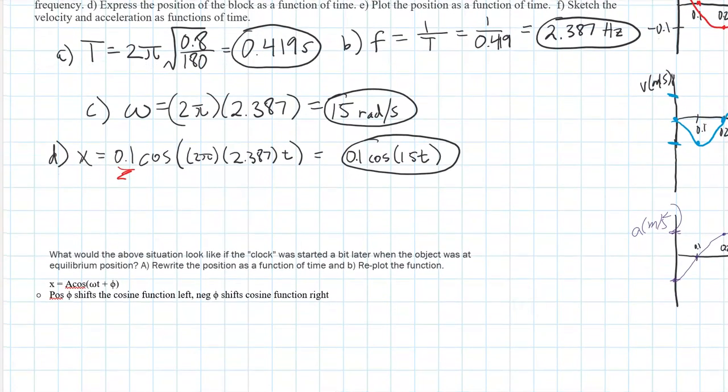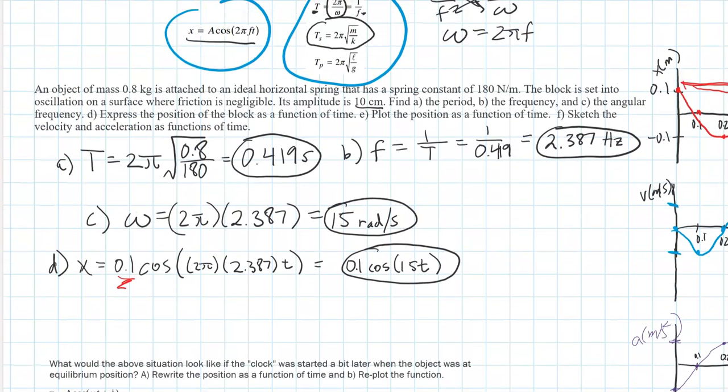Okay, so there's actually another little bit I want to talk to you guys about with this problem. With this, we're assuming that the clock was started right when, so let's draw a mass on a spring real quick, and then it's stretched out to there. We're imagining that the clock was started when the mass on a spring was out here at its maximum amplitude.